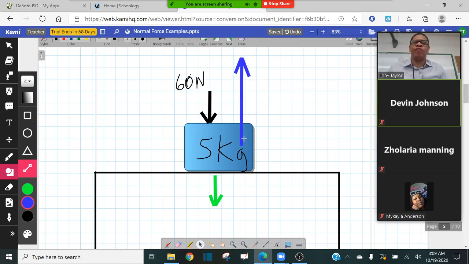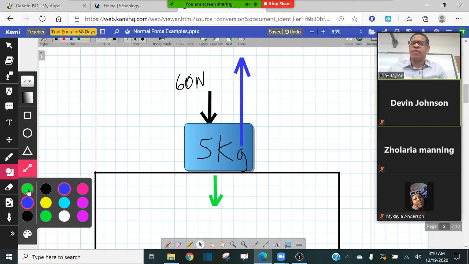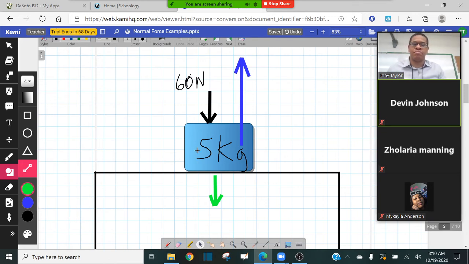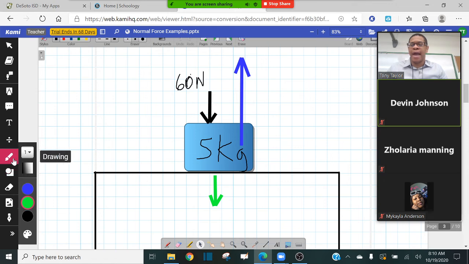The normal force is caused by the surface of this table pushing up on the block. So the question is, what is the magnitude of both these forces? Well, I immediately know the magnitude of the force of gravity, because the force of gravity is always equal to the object's mass times 10. So 5 times 10 gives me a magnitude of 50 newtons. Okay.